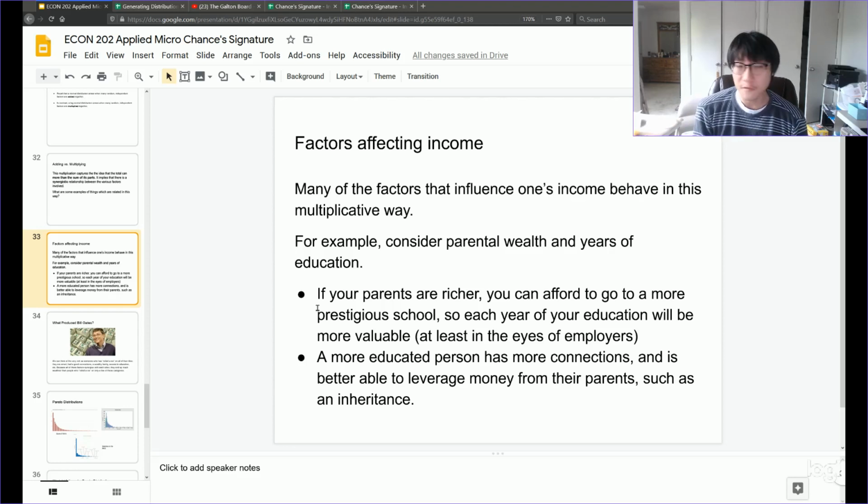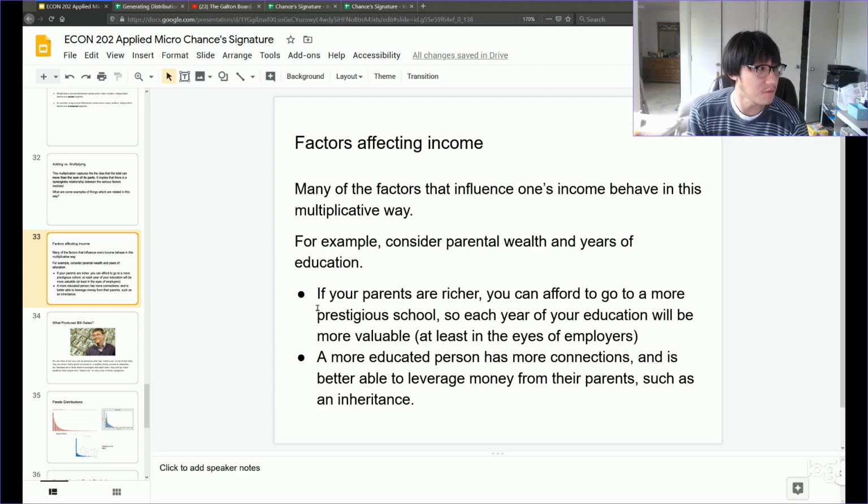If you think about it, many of the factors that determine somebody's income behave in this multiplicative way. For example, consider two very important determinants of your level of income. First of all, your parents' wealth, and second of all, your years of education. Those are just two variables that influence your income a lot.